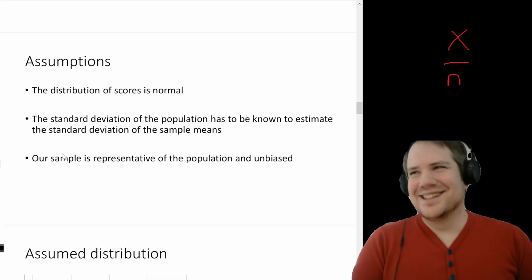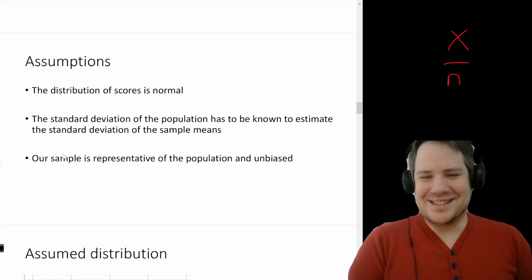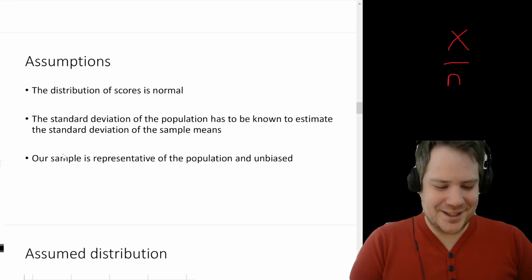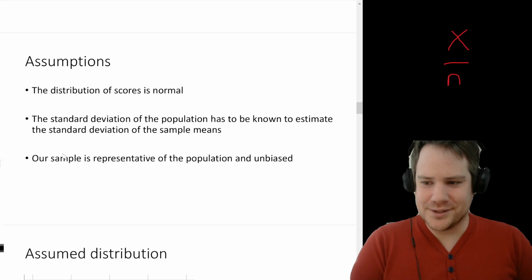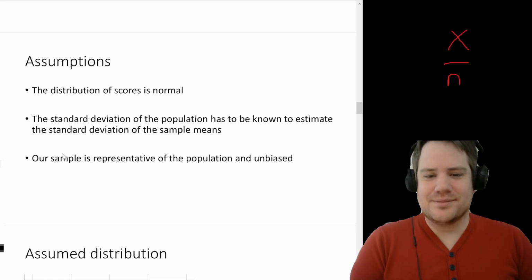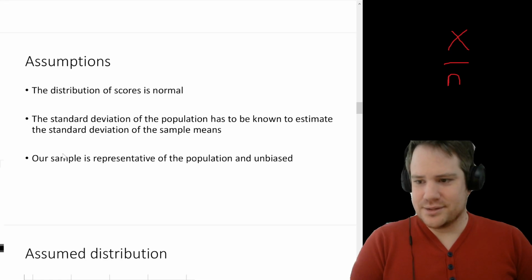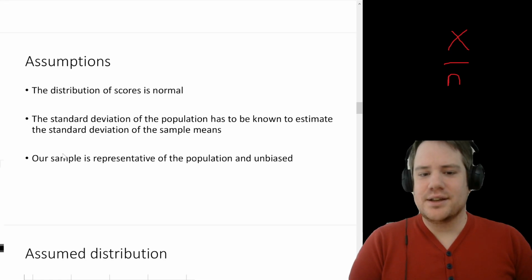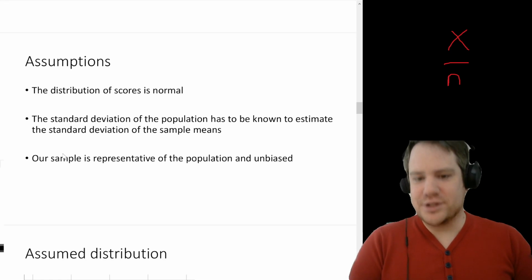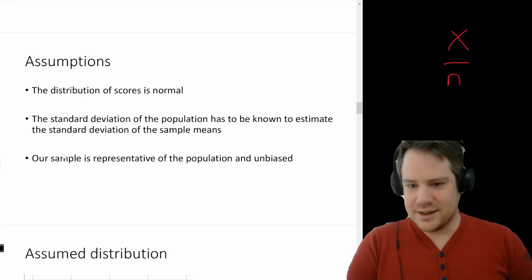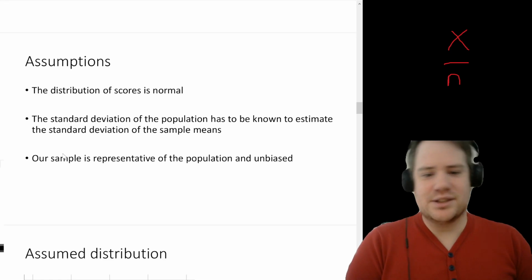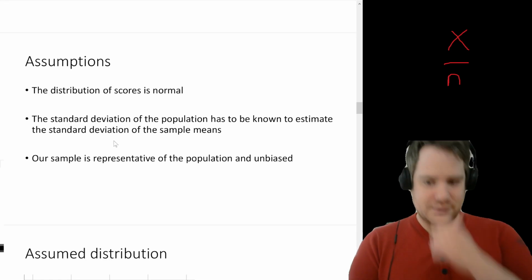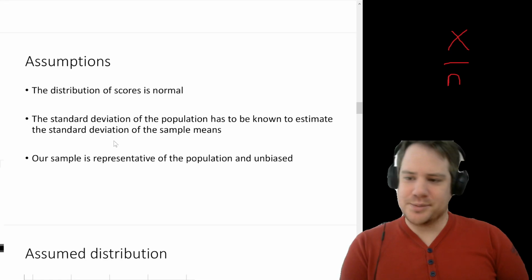It's a bit dramatic, but statistics 1b, statistics 2, and statistics 3, and even in the master courses, if you're going to take those here, every single time you do any sort of generalization from a sample to the population, whatever form it takes, it has to be that the sample is representative of the population and that it is unbiased. Because if you're taking biased samples, then by definition, everything else falls apart.